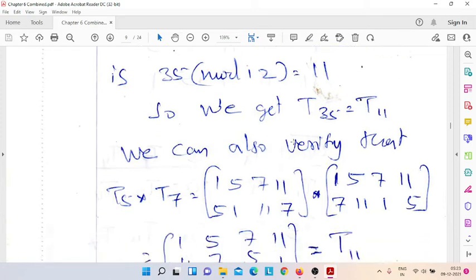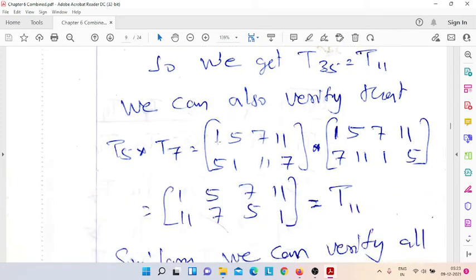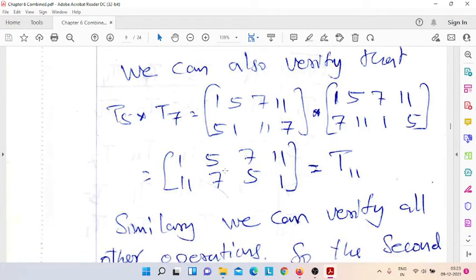T11 is the actual answer, and we can also verify T5 star T7 directly by operating these two permutations.